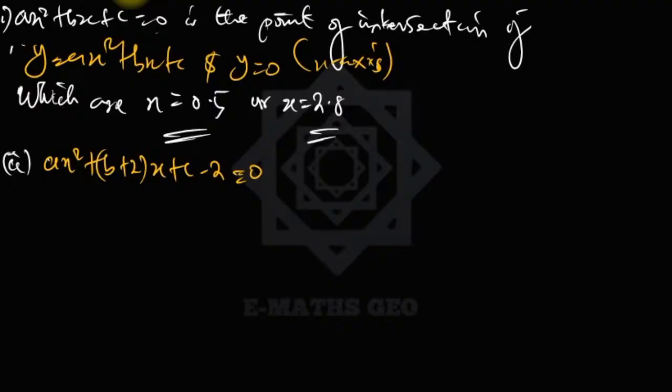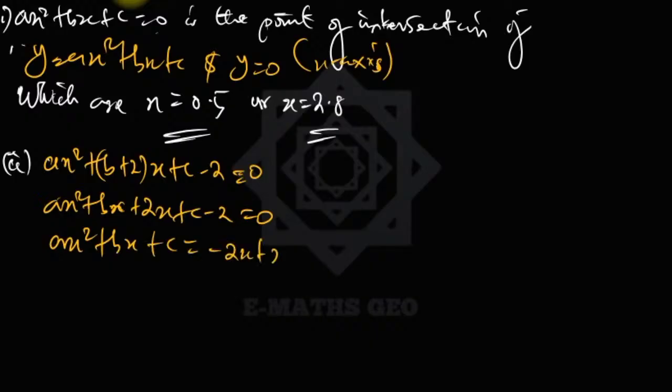So any other thing we get, we find their point of intersection. So first of all, we open up this: ax squared plus bx plus 2x plus c minus 2 equal to 0. We now have ax squared plus bx plus c. We move this one to the other side, it is now minus 2x plus 2.